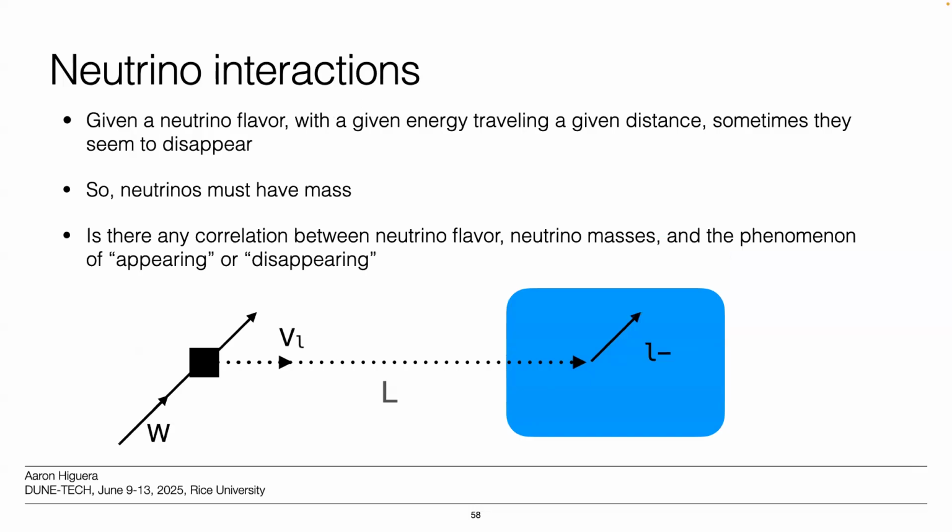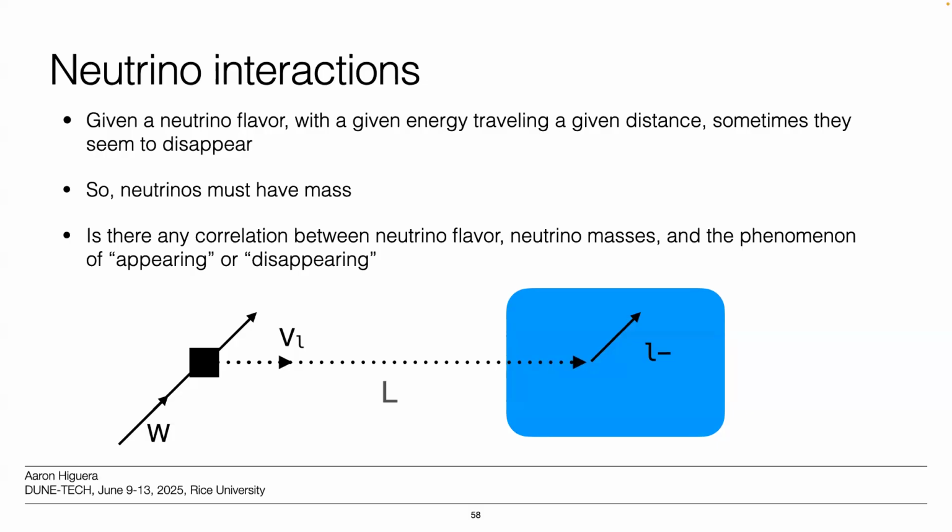And again, for this, we know that neutrinos must have mass because they are aware of time, right? And they know whether you're traveling a short distance or a long distance. And then you can think about this like somehow neutrinos maybe are disappearing or appearing somewhere else where we haven't seen them, right?